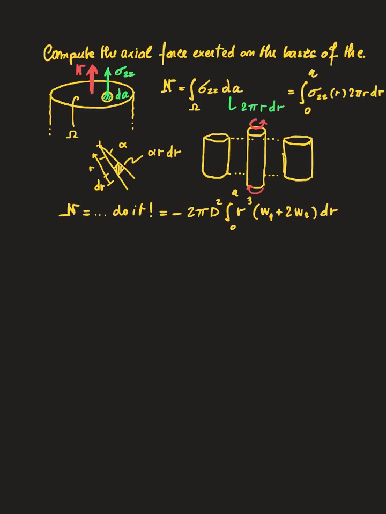Essentially, the point is that I am applying a twist on the upper and lower faces of the cylinder. However, at the same time, I need to apply a compressive force, and this compressive force is the one that opposes the elongation. So the question at this point is: is this quantity negative?